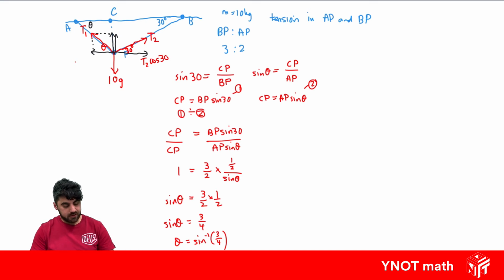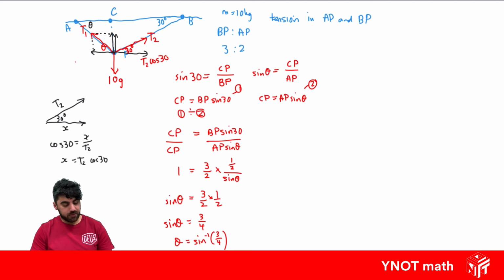And if you can't see that, you can always take it a bit slow. So if this is 30 degrees, and we're treating the hypotenuse as T2, and we want to know the x component, we can write an expression that cos 30 equals the adjacent side over the hypotenuse, and timesing both sides by T2, we're going to get x equals T2 cos 30, which is exactly the x component there.